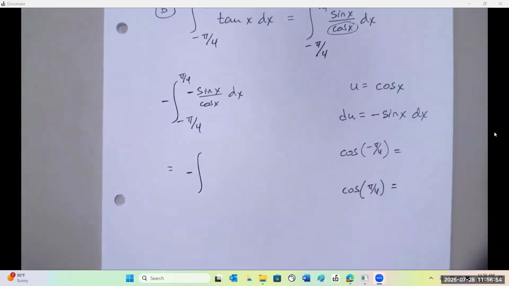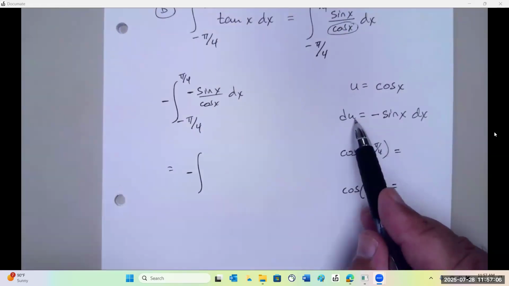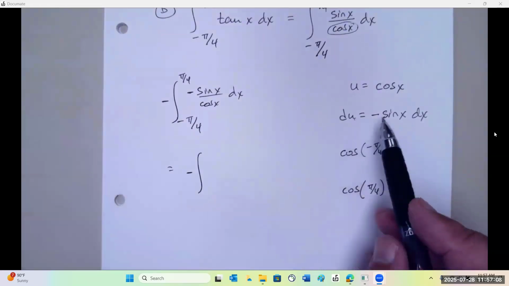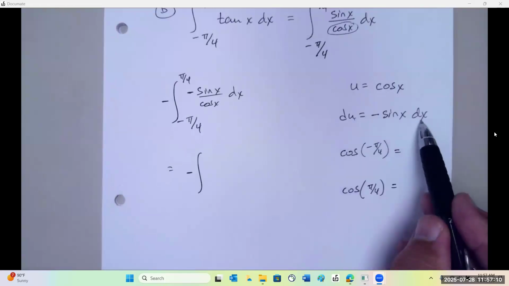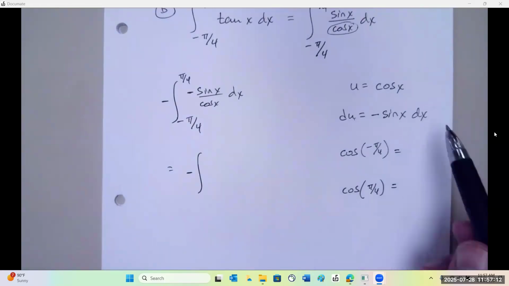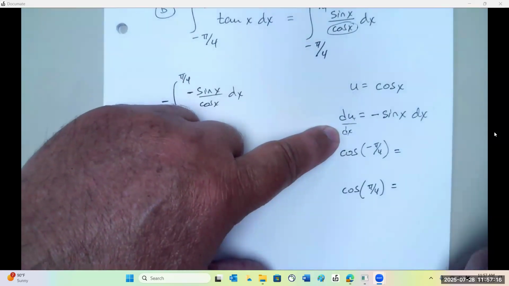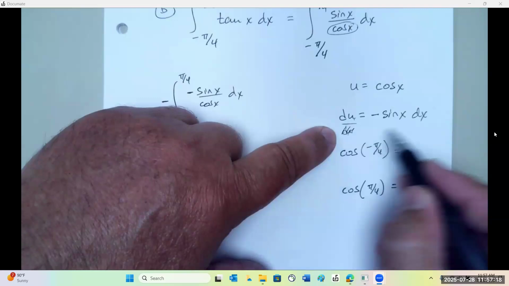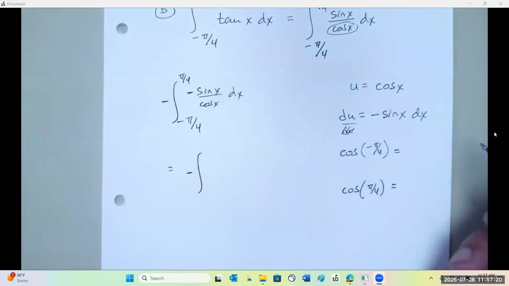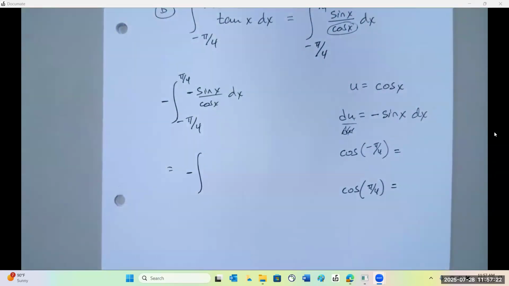If f of x equals x squared, we always put just 2x because it's already a function of x. But since u is a function of x, and we take a derivative of it, then we have to put what we took a derivative of. Because remember, the derivative is actually du over dx. We move it to the other side because we want all the x's on one side. That's where it came from.